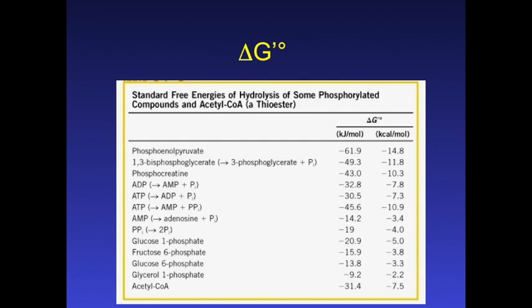kcals is an older numerical value. You may see them in old journal articles. Kilojoules is a more modern way that we do this. And we can see the most important one, or the reference one, as this one right here, negative 30.5 kilojoules per mole. Why is this the important one? Why is this the reference one? What are we breaking down? ATP. We're taking only one phosphate off.